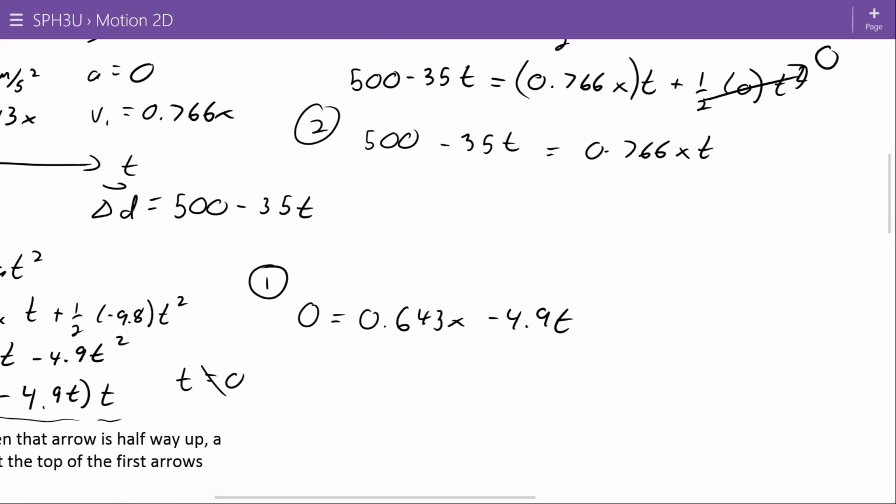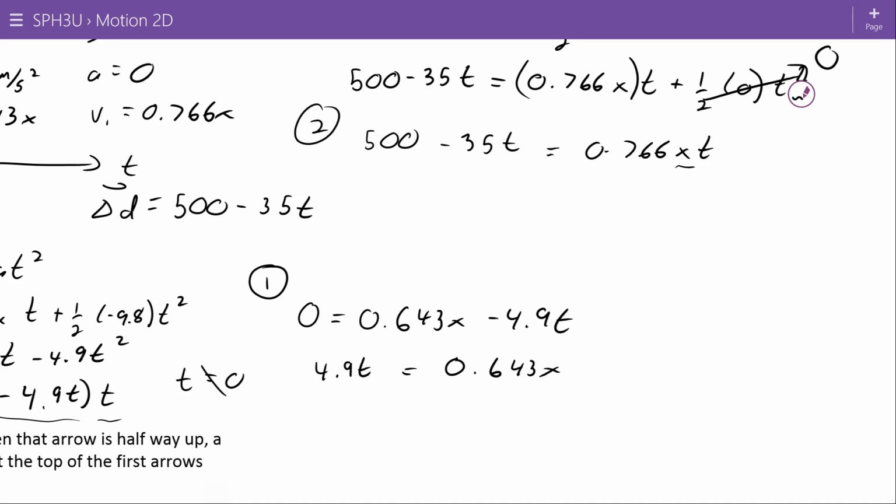Now let's work with equation 1 a little bit more here. I'm going to bring the 4.9t to the other side, 4.9t equals 0.643x. And if I look up at equation 2, I can see I only really have this 1x here. So that seems like the better substitution variable. You could do the other one too, it would work out fine, but this seems like the simplest one.